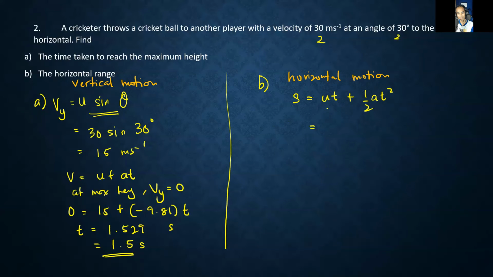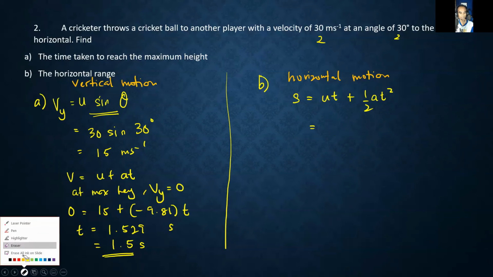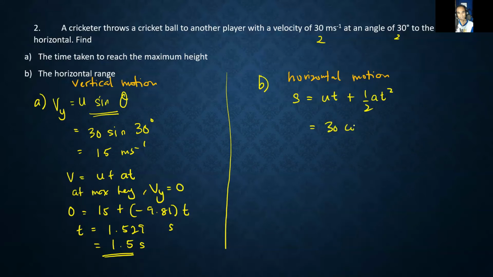So this one is 30 meters per second. 30 cos 30, sir? Yeah, 30 cos 30. So 30 cos 30 degrees. Then time is 1.5 seconds.